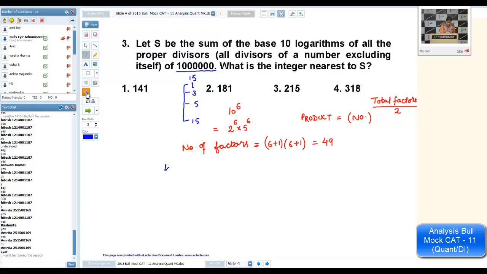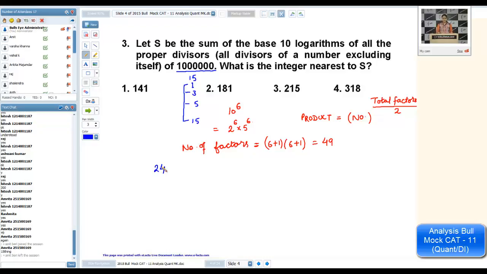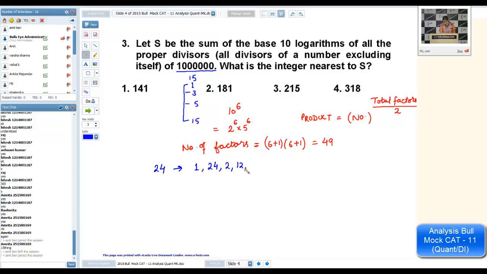Once again, see, I'm taking one more number here. Let me take 24. Instead of 10 raised to power 6, let the number be 24. What is the question asked? Let S be the sum of the base 10 logarithm of all the proper divisors. First of all, I'm going to write all the divisors of 24. They are 1, 24, 2, 12, 3, 8, 6 and 4.